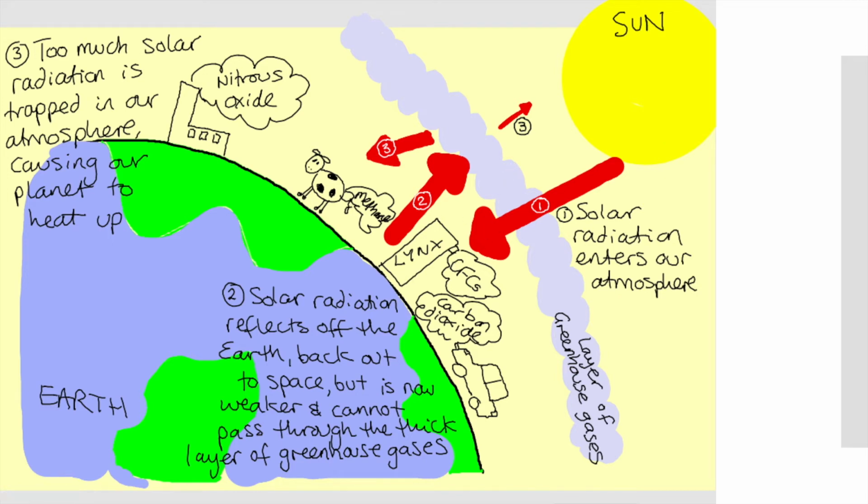And that's the problem where us contributing extra greenhouse gases into the atmosphere makes that layer thicker, and it prevents some of the heat escaping and some of the heat coming in. And we gradually just get warmer and warmer and warmer. And that is the problem. And that results in global warming. So the greenhouse effect is natural, but we're adding to it and making it quite extreme.